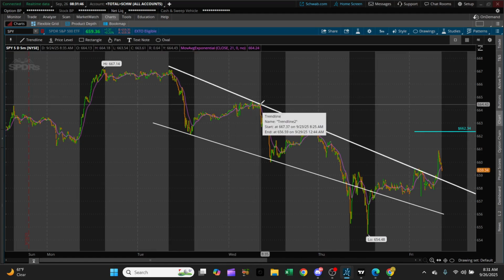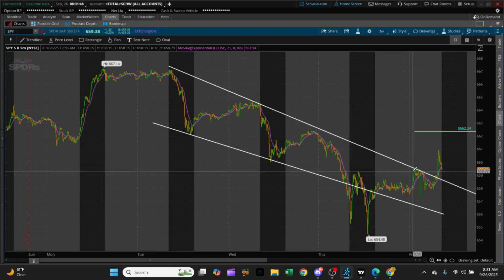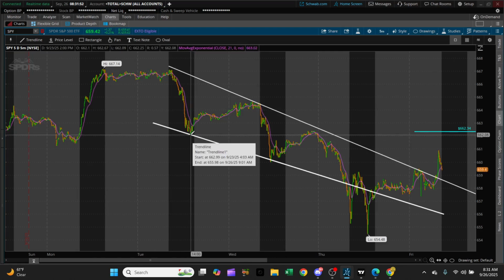Having those three touch points at the very top, or two. Well, it's three. And at the bottom here, falling wedge would have started at September 23rd as well, around 2 p.m.